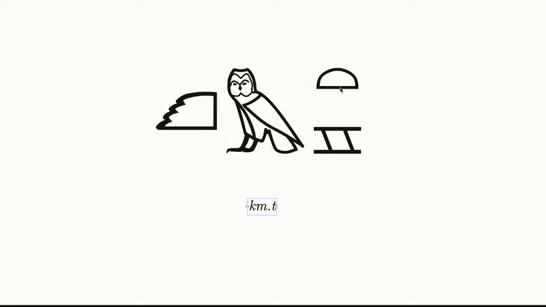Then the bread loaf represents the consonant T. Nobody asked me, in the conversations that I've had, how come this word don't mean bread? Or how come this word don't mean bird or owl?